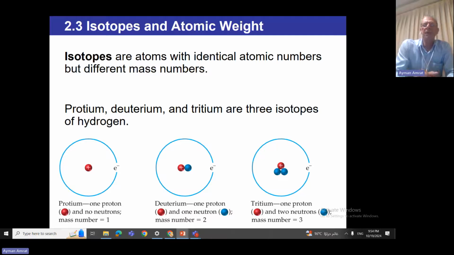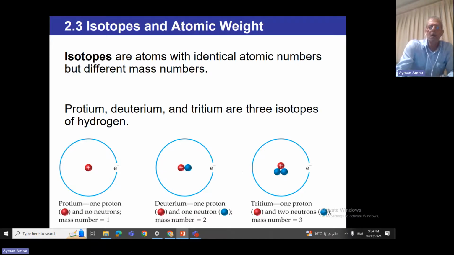Tritium is H-3, 1 atomic number, meaning there is just 1 proton, but with 2 neutrons. In the nucleus, protium has no neutrons, just 1 proton. Deuterium, 1 proton and 1 neutron. Tritium, 1 proton and 2 neutrons.